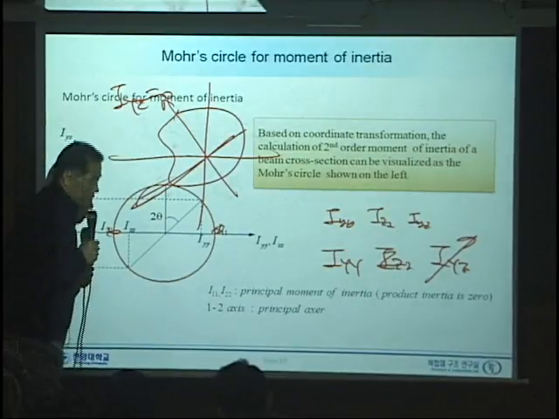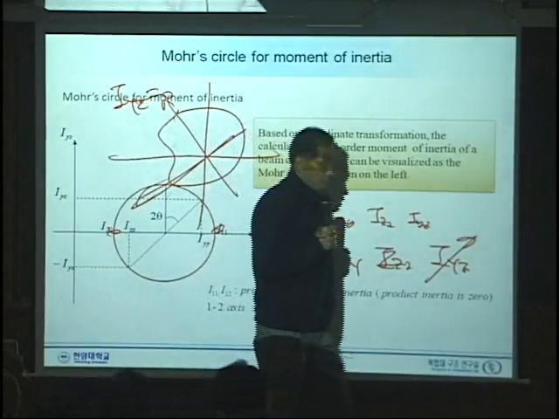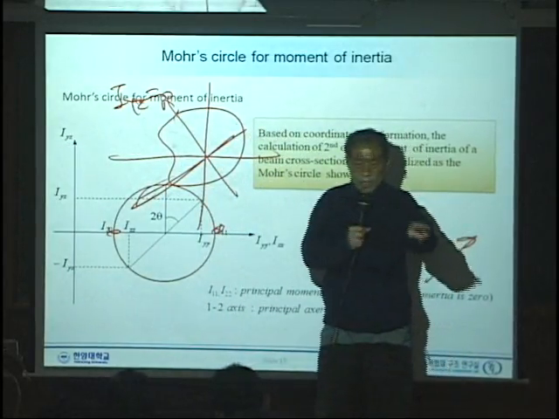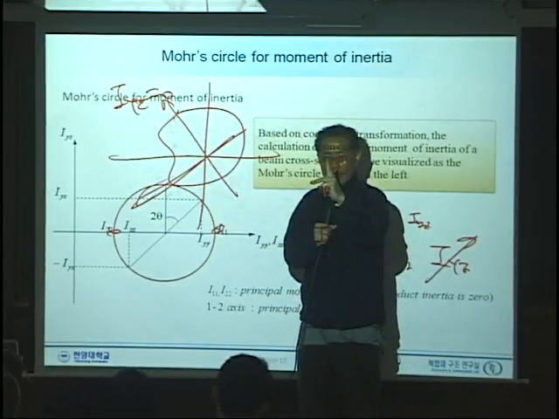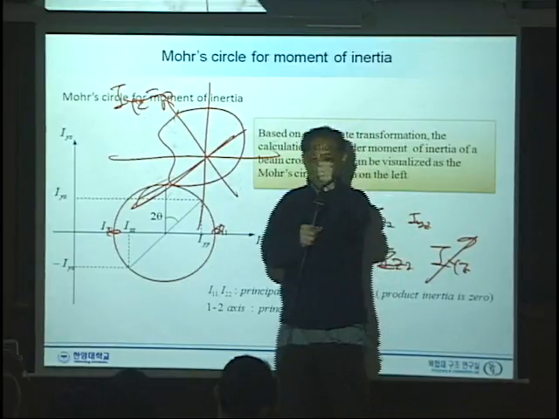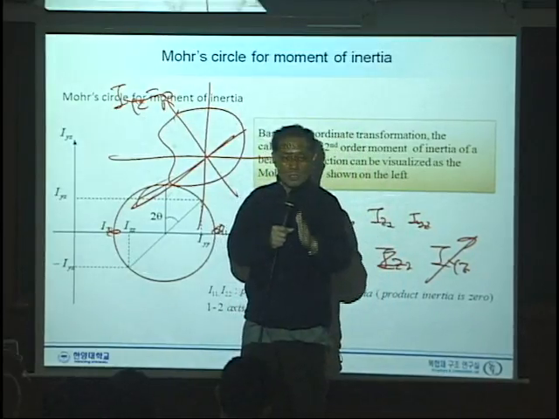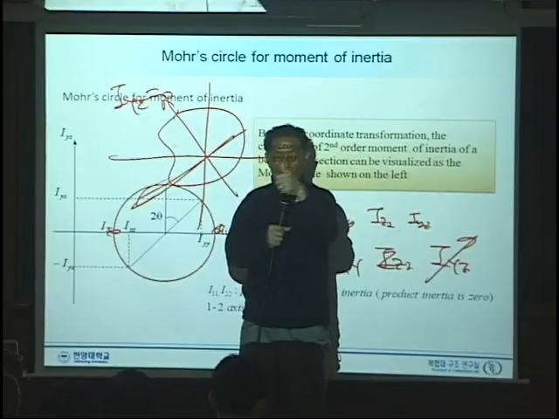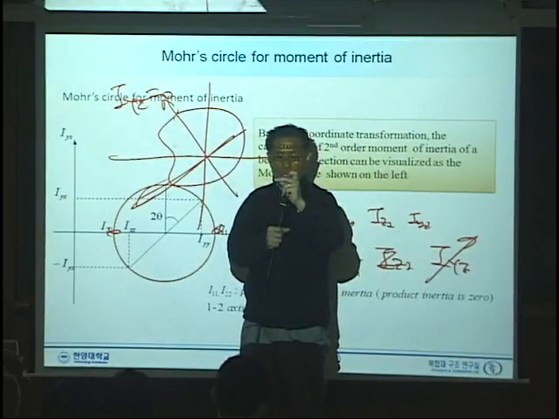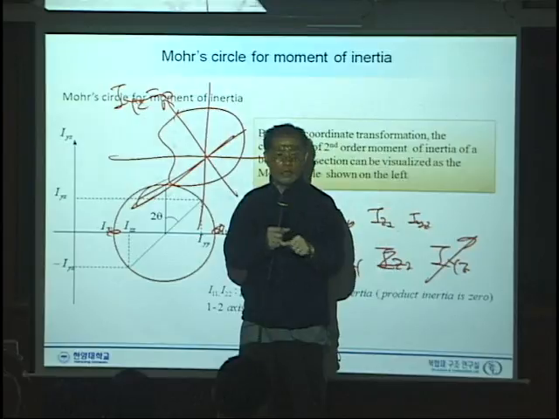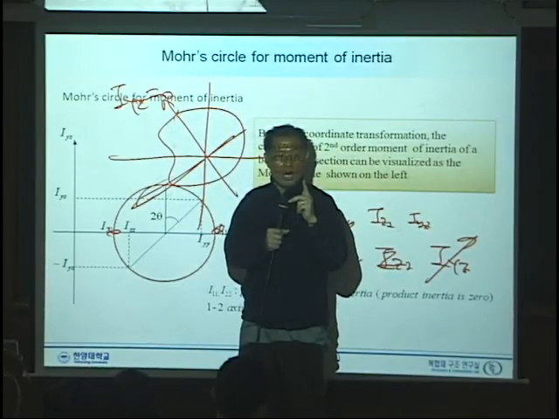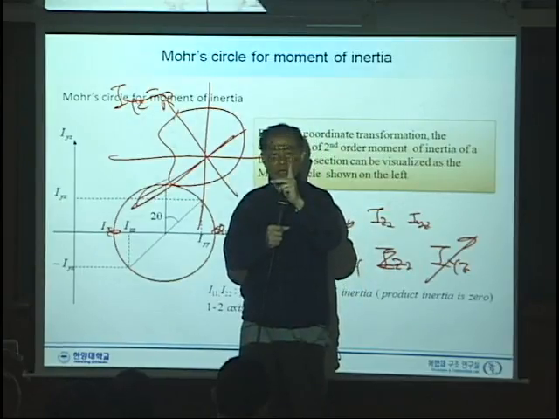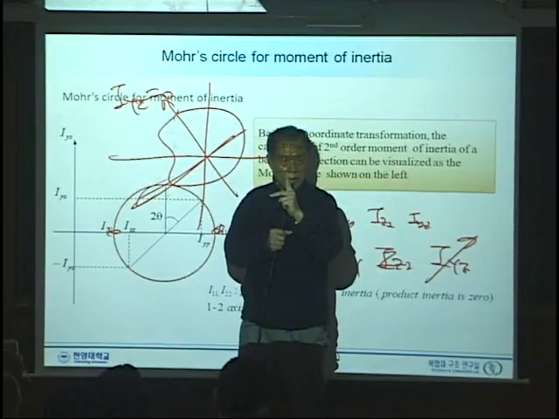What is the principal axis? Let's say we have a certain cross section, and we have axes like that. With respect to this axis we have a certain moment of inertia, and also with this axis. And the product moment of inertia, which is I_YZ, is simply y times z dA.